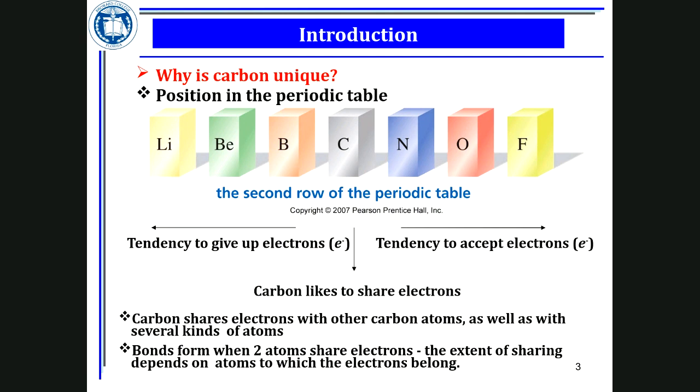So what else is unique? Carbon is tetravalent. Carbon can form 4 bonds. Carbon is happy when it forms 4 bonds. Carbon is not stable with 3 bonds, because that means it's missing electrons.